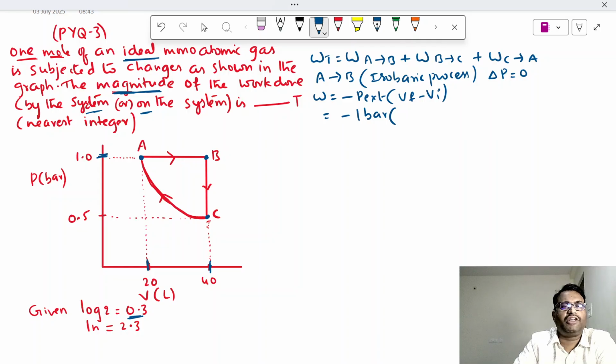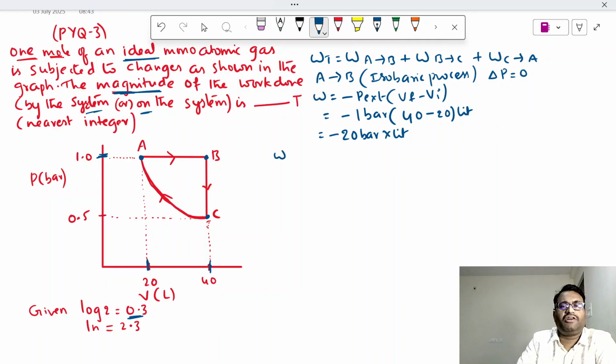Final volume is 40 for A to B, so 40 liters minus 20 liters, since initial volume is 20 liters. So that is equal to minus 20 bar into liter. So that is the work done in the process from A to B.